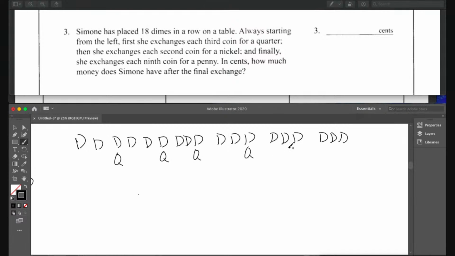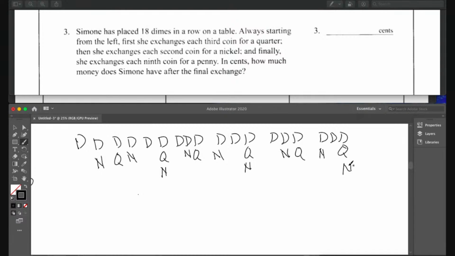That would be redundant. I'm basically going to stack these on top of each other, and whatever is at the very bottom of each column is the coin I'm going to use at the end. Then I exchange each second coin with a nickel. So boom, boom, boom, boom.